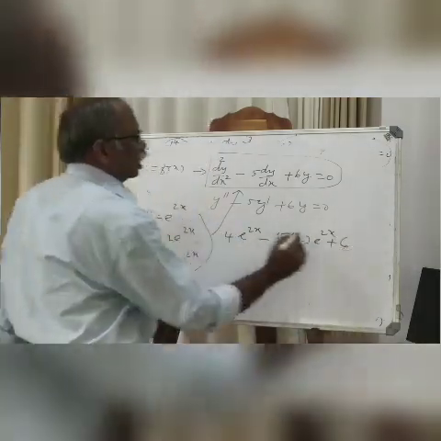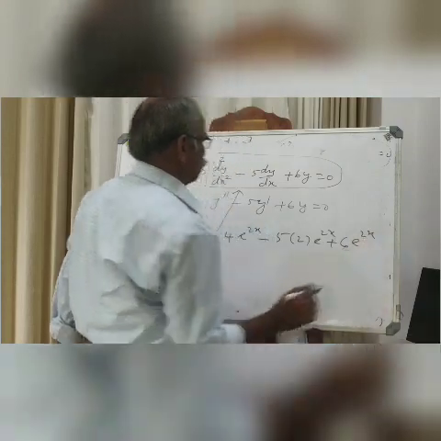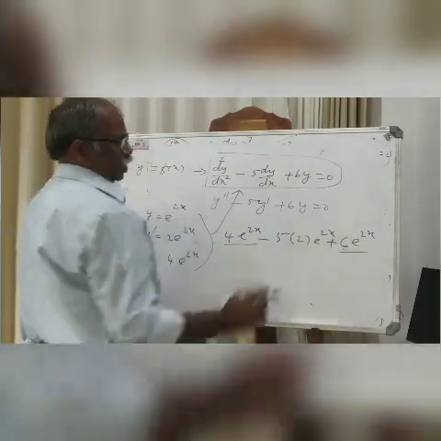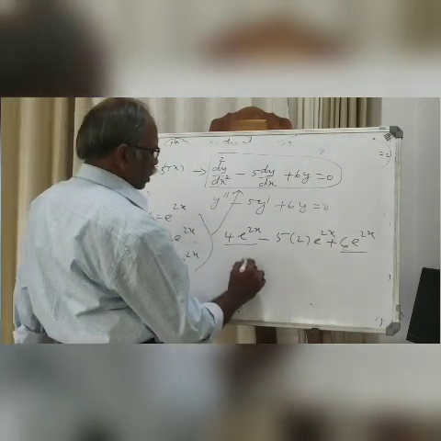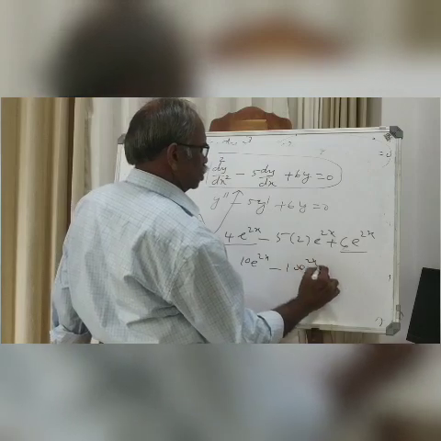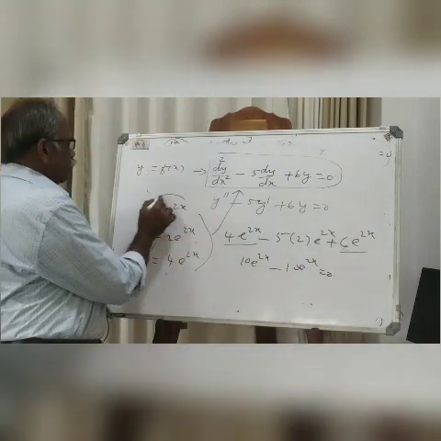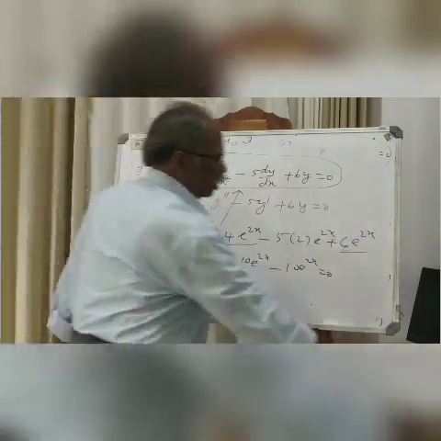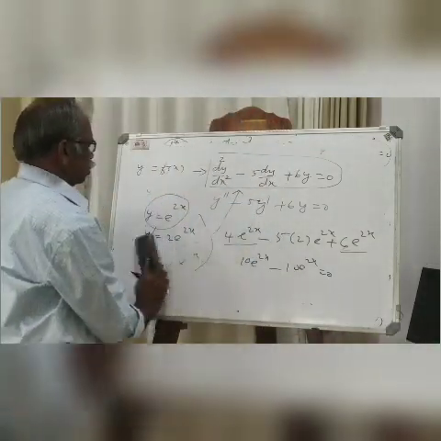What is y? e raised to 2x. Simplifying, we have 4 e raised to 2x plus 6 e raised to 2x minus 5 into 2, 10 e raised to 2x. This is equal to 0, which means y is equal to e raised to 2x is a solution of this particular differential equation.